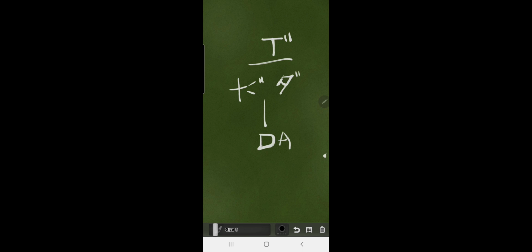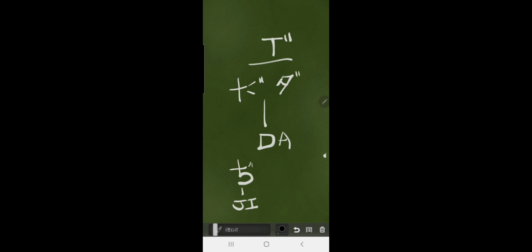And here's another sound that it turns into. Remember, we have no such thing as T in Japanese. So instead we have chi. And when we put a Dakuten on that, that becomes ji.